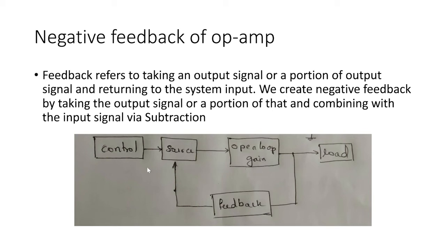When the source gives a voltage, it is returned by the feedback to the source again. We create negative feedback by taking the output signal or a portion of it and combining it with the input signal via subtraction.